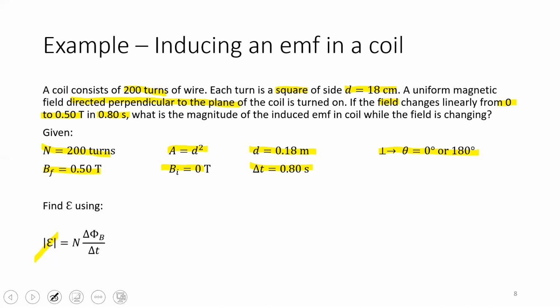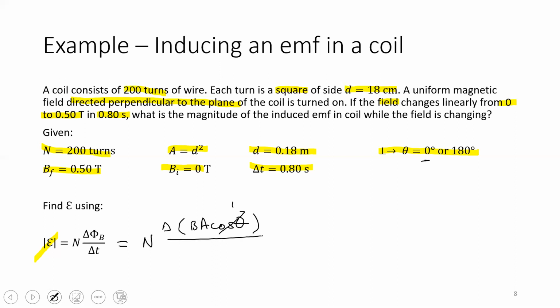So when I find the magnitude, I'm going to use this general equation. So for this very specific situation, we have n turns of wire. And our flux, if we write the general equation for flux, this cosine of 0 degrees would be 1, 180 degrees would be -1, but remember we're taking an absolute value, so it doesn't really matter.